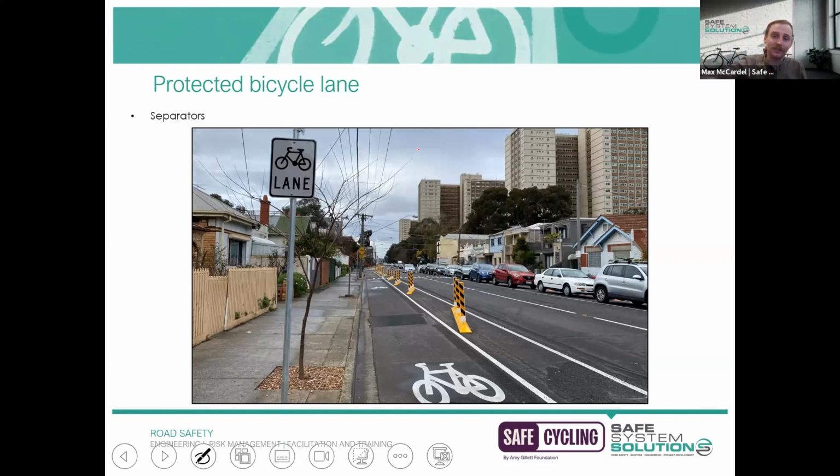You could have gone with the approach of going all the way through there in one single line, but having this angled here and providing these gaps does allow for a little bit improved sight lines between the motorist traveling and the cyclist there. So that's another option you consider.